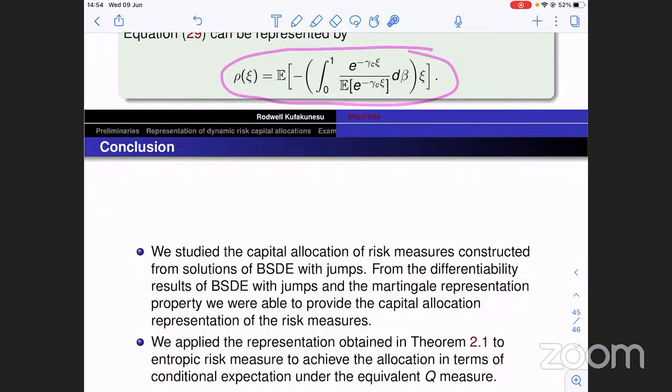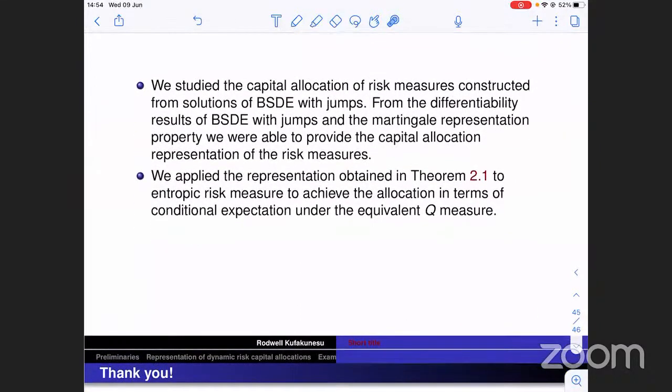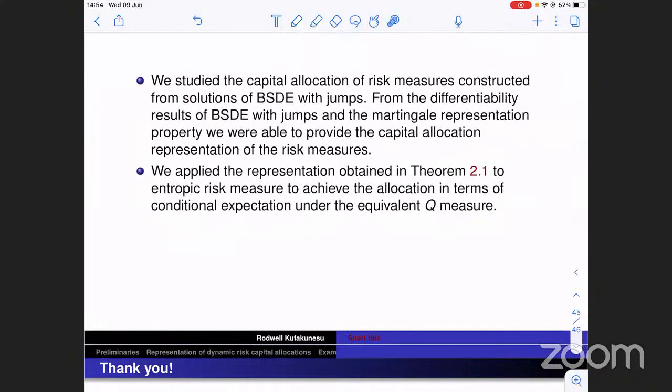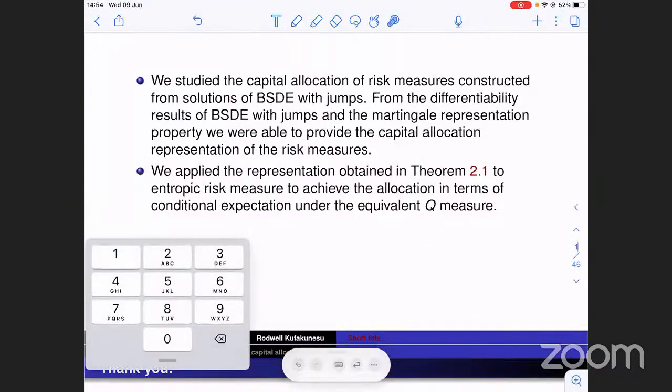We were able to provide a capital allocation representation of risk measures. Right. For the future, we will look at the ergodic representation, asking other questions which are different from what we talked about here. So basically, that's what I planned to talk to you about today.